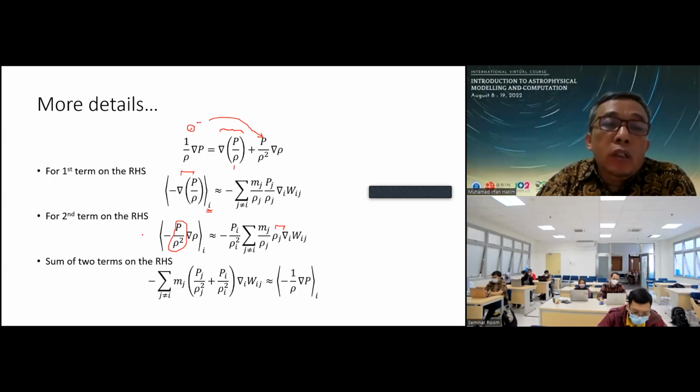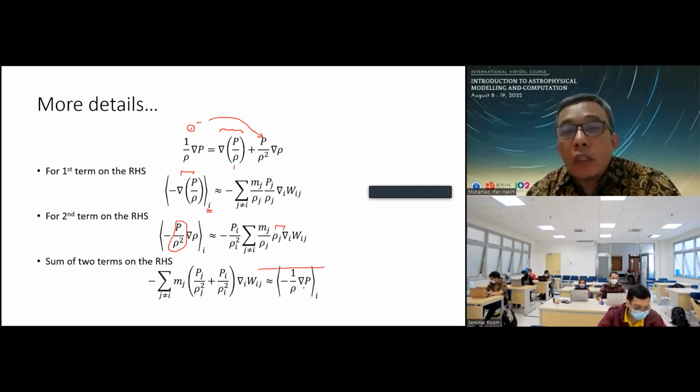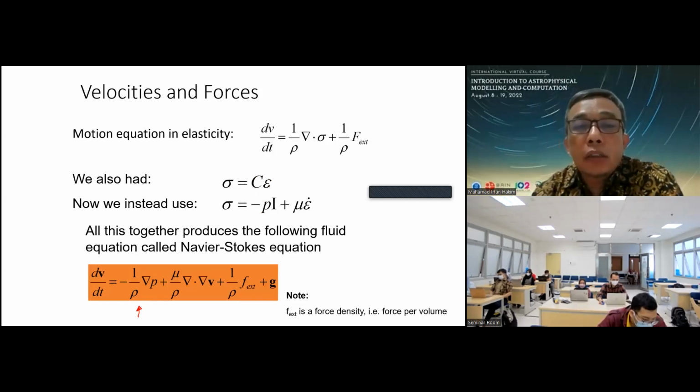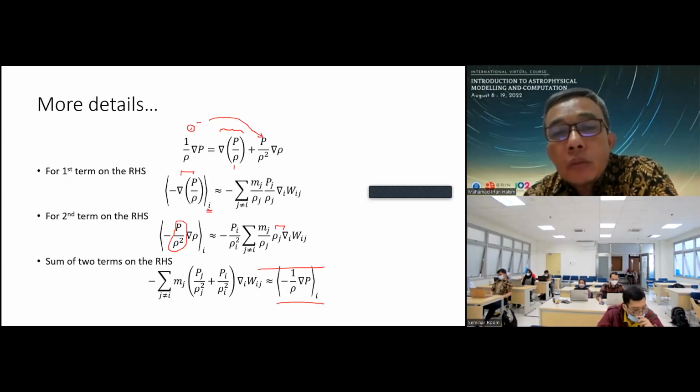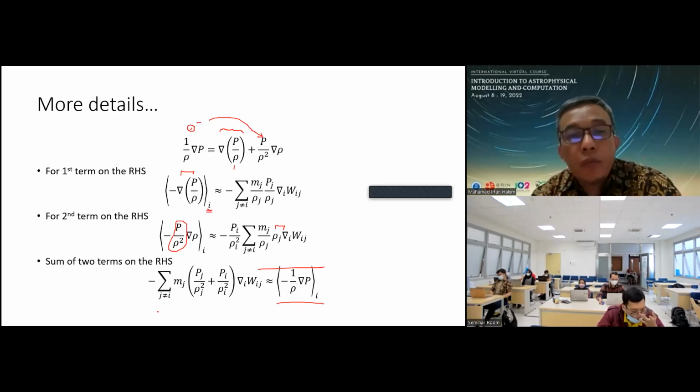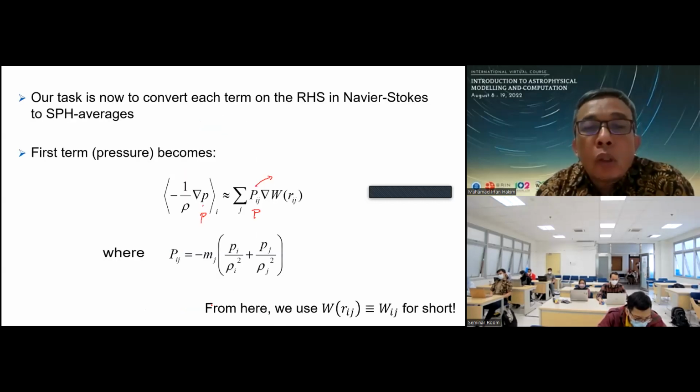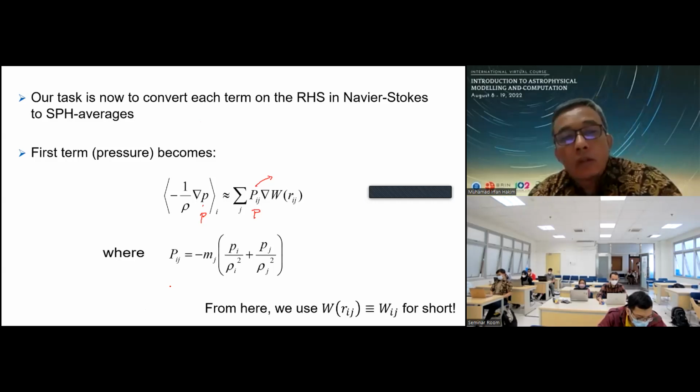So the sum of two terms here are the first term on the right hand side in this Navier-Stokes equation. Is here. So this is what it means.